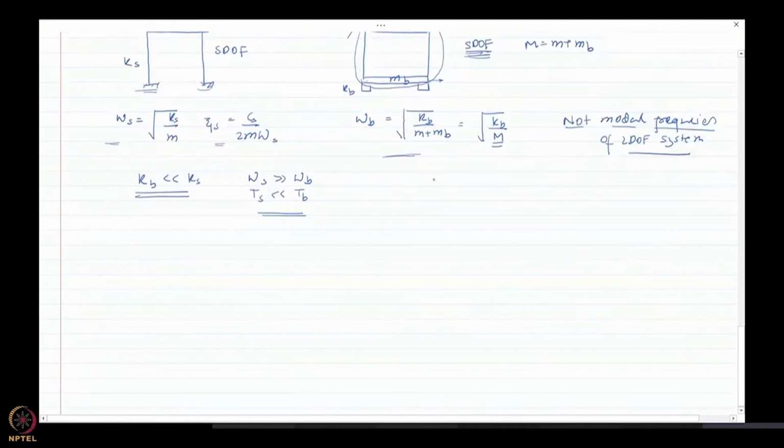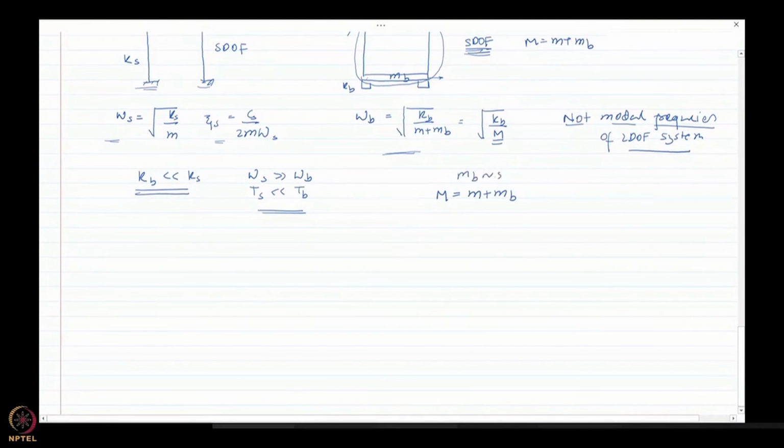This M is not negligible, it is comparable to MB. The mass of the base mat is not negligible, MB is of the same order as the superstructure. So the total mass, M plus MB, is not negligible, there is not an order of magnitude difference between this and any other quantity.